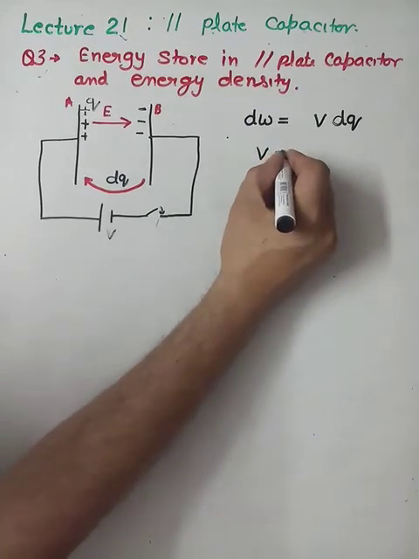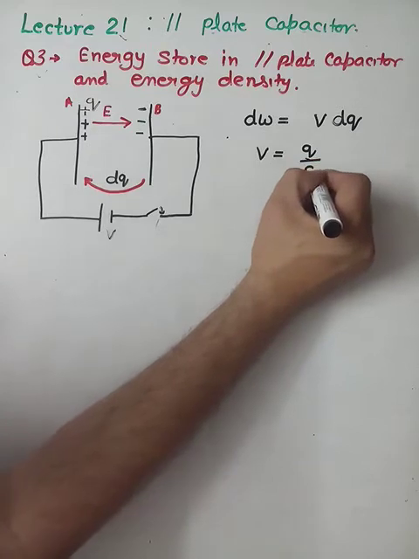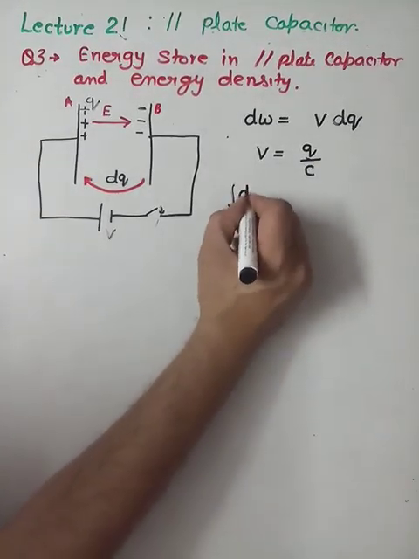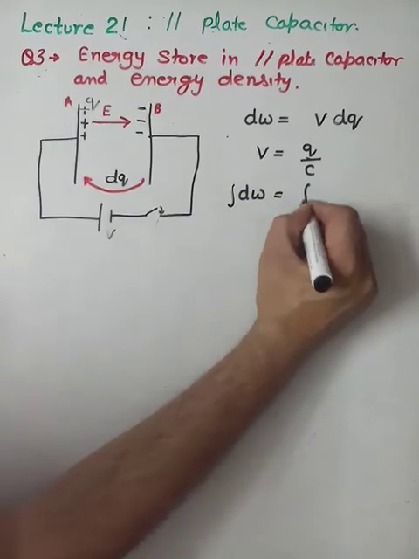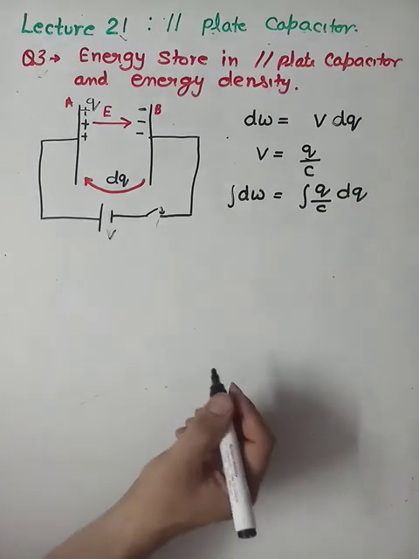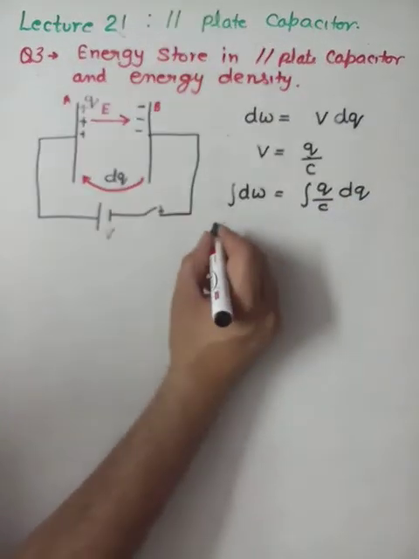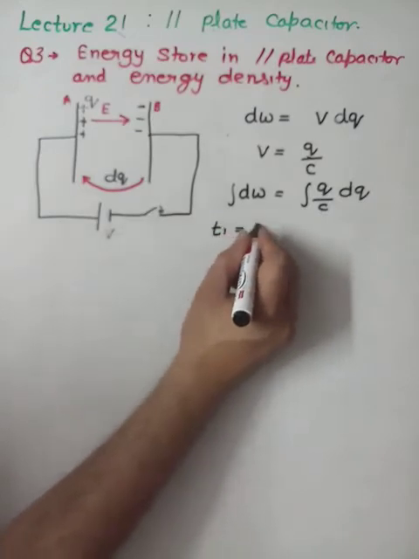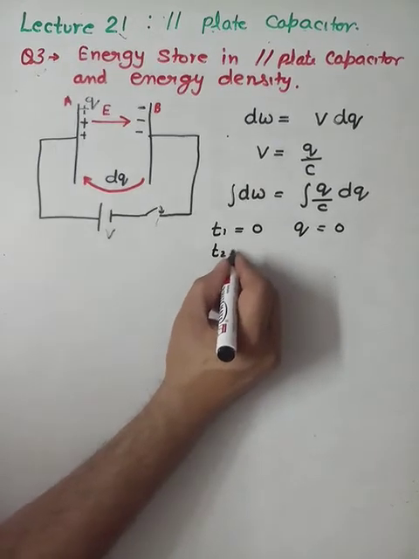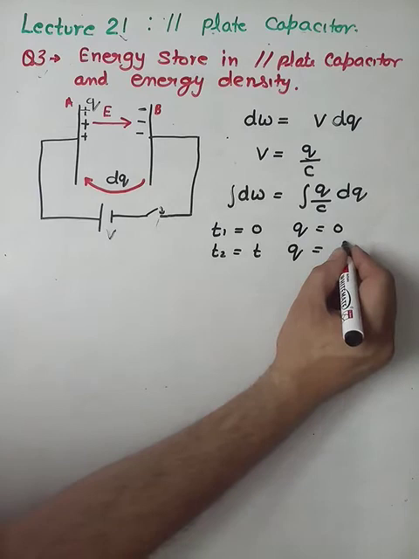Therefore, V is equal to q by C. On integrating both sides, dW is q by C dq. Initially, when time t1 is 0, q is 0. After some time T, let it be fully charged and the charge is capital Q.